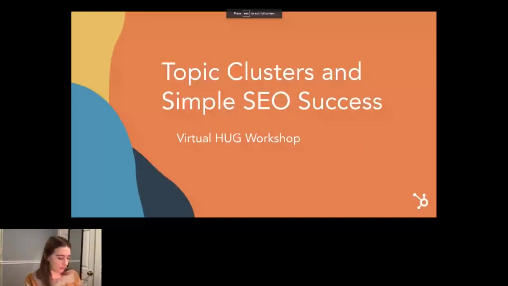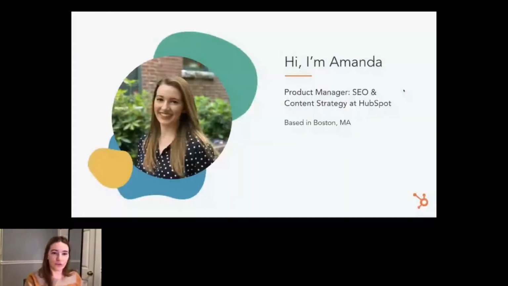Here we go. All right, so I already had a wonderful introduction from Cluid, but my name is Amanda. As he already said, I'm the product manager at HubSpot for our SEO tools, which includes our recommendations home and topic clusters and content strategy.